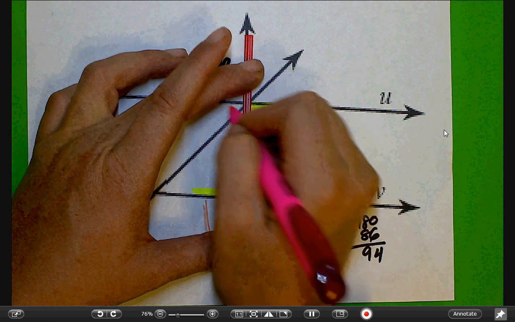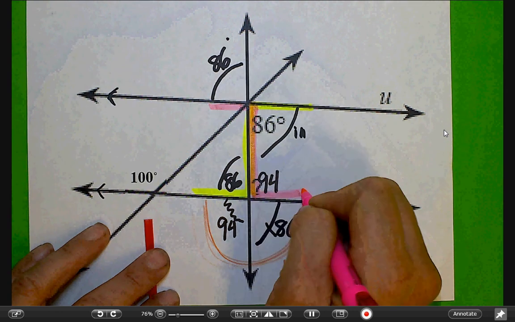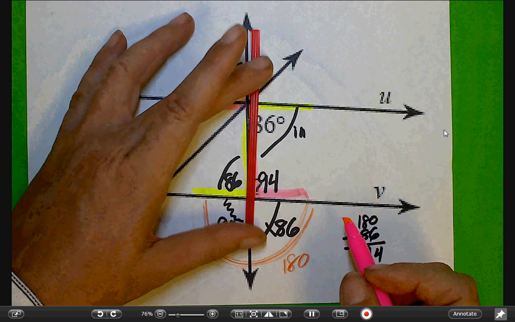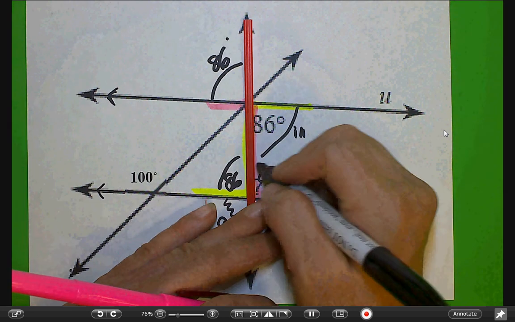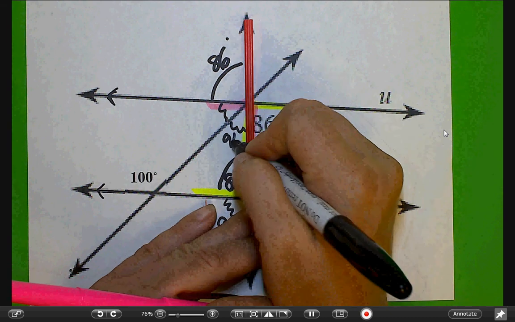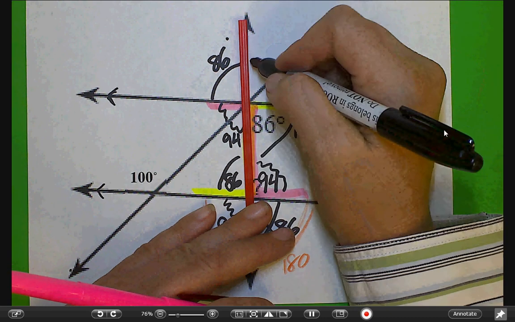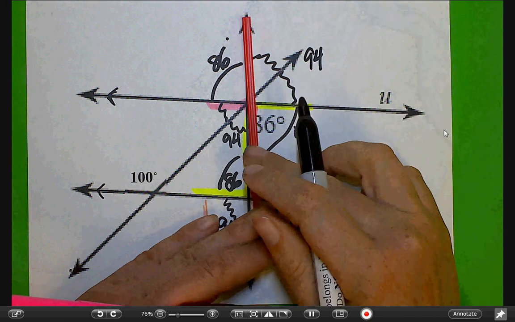Here, armpits of the Z. Trace. See that Z? Careful with this, because we're actually overlapping a bit. That means if this is 94, all of this is 94. Going this way, all of that is 94.